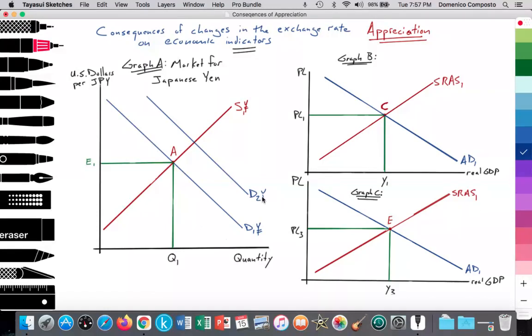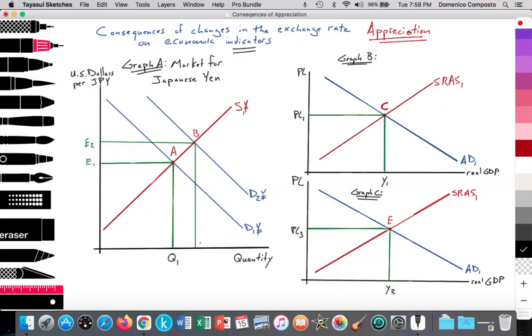So the demand by Americans for the yen rises from D1 to D2. That establishes a new equilibrium at point B, where the Japanese yen to the dollar has appreciated, rising from E1 to E2, where the quantity supplied and demanded has increased from Q1 to Q2.